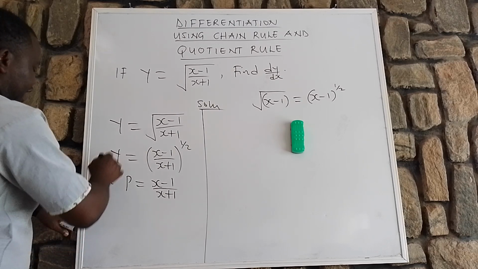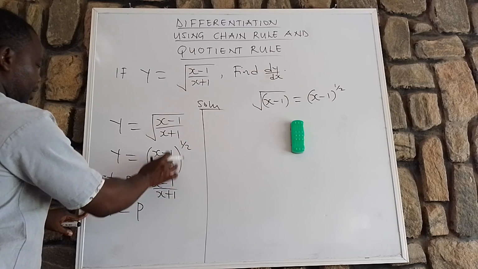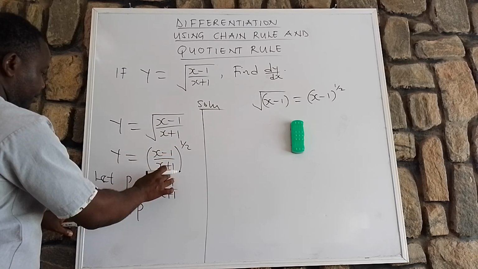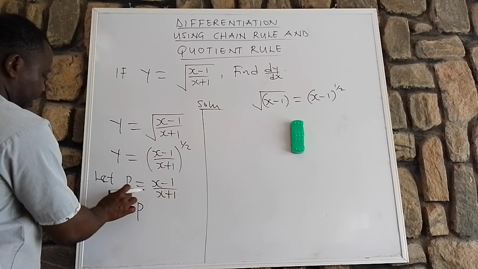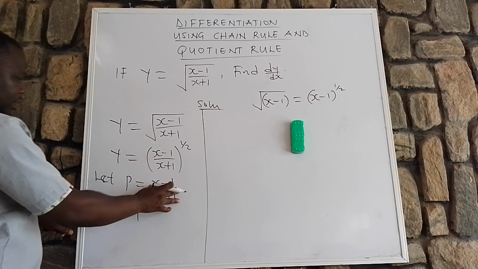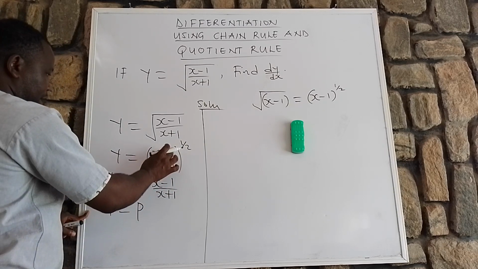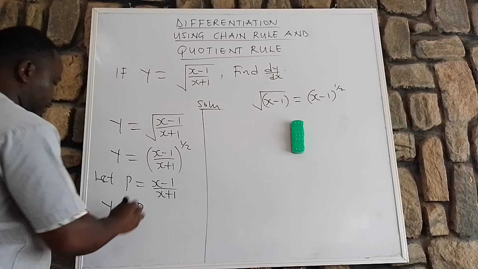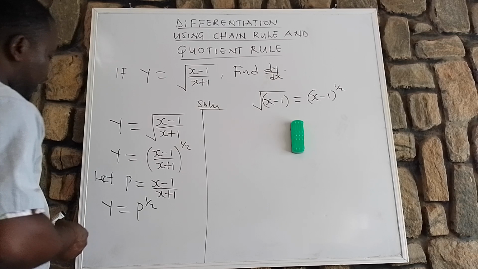So this implies that y is equal to p raised to the power of 1 over 2, because anywhere you see x minus 1 all over x plus 1, that is your p. So instead of this, we are writing p here. Note that this function is raised to the power of half.